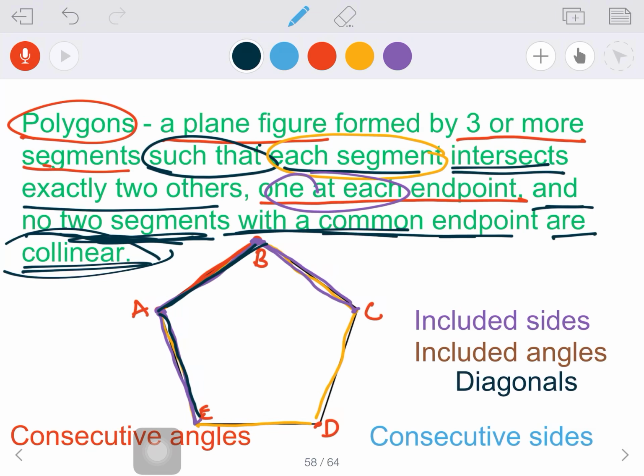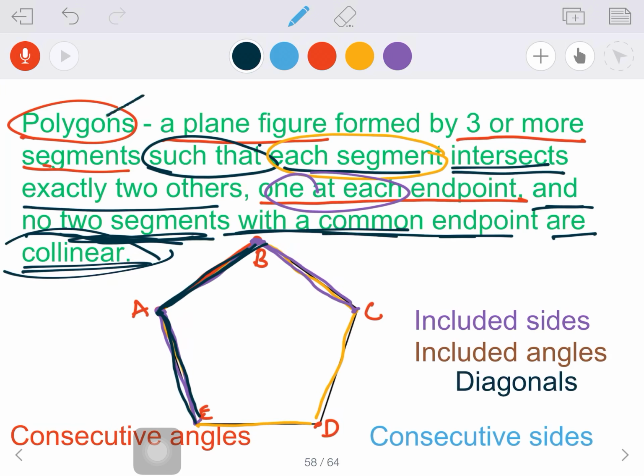They are two segments with a common endpoint. And as you can see, they should not be collinear. So in this case, are segment AB and segment AE collinear? The answer is no. So in that case, this figure passes as a polygon.